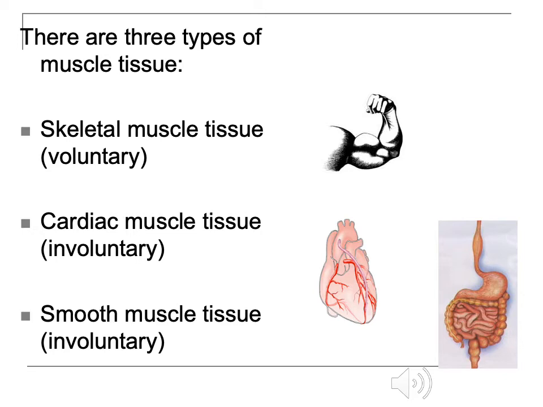The cardiac muscle is only found in the walls of the heart. Cardiac muscle is also striated, so it's the same type of muscle tissue as we see in the skeletal muscles, but its action is involuntary. So we've got the repeated contraction and relaxation of the heart, which pumps the blood out towards the body.